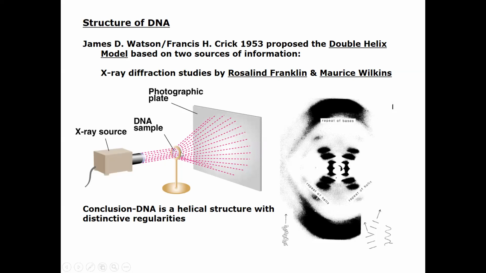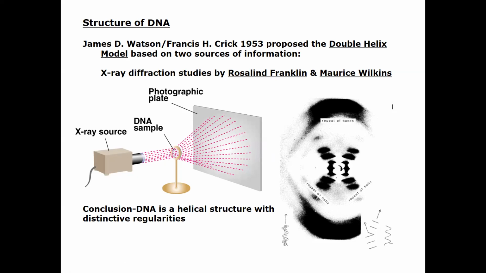Their hypothesis was, if DNA is double helical, then the X-ray image should be X-shaped, and it happened. On the right side you can see the image, and that helped Watson and Crick to confirm and propose the double helical model of DNA.